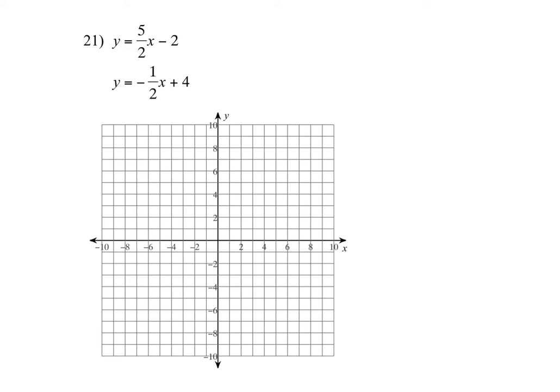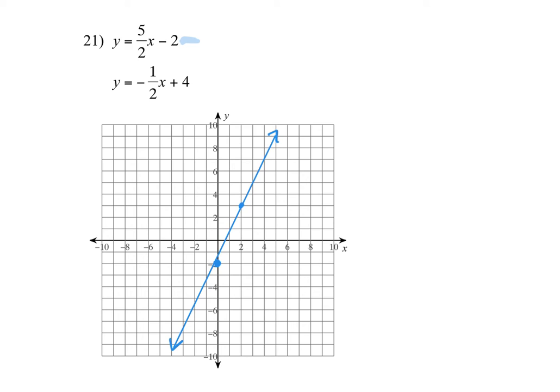So we're going to graph them individually. I'm going to start with the first line here, this one right here. I'm going to start on my y at -2, which is right here. I'm going to go up 5 and to the right 2. And so this is my first line that I'm going to graph right there.